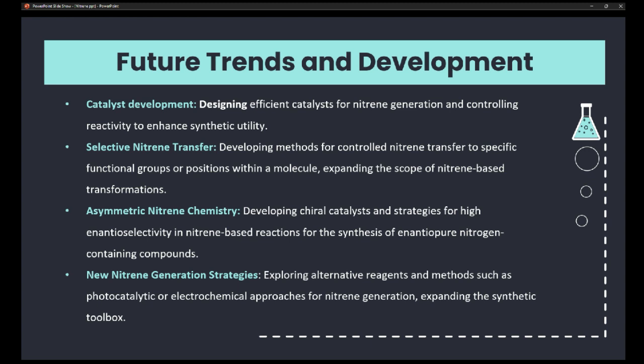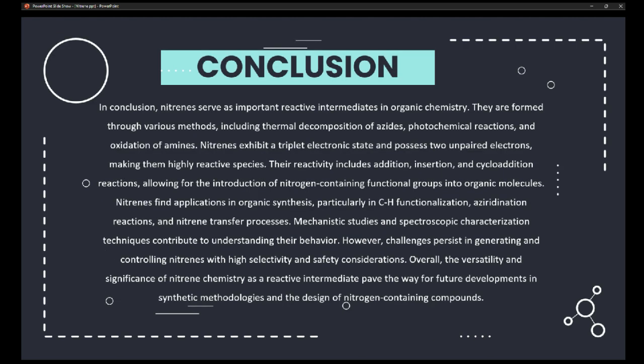Asymmetric nitrene chemistry: developing chiral catalysts and strategies for high enantioselectivity in nitrene-based reactions for the synthesis of enantiopure nitrogen-containing compounds. New nitrene generation strategies: exploring alternative reagents and methods such as photolytic and electrochemical approaches for nitrene generation, expanding the synthetic toolbox.